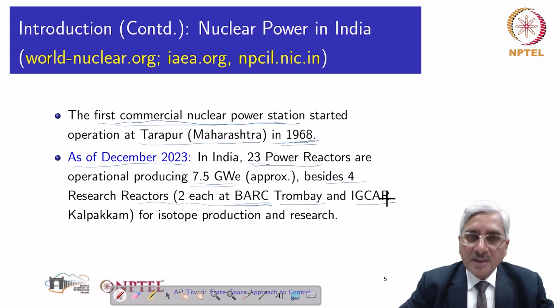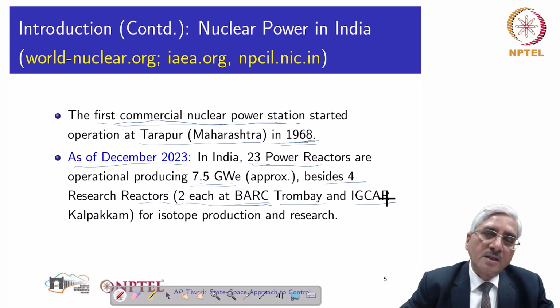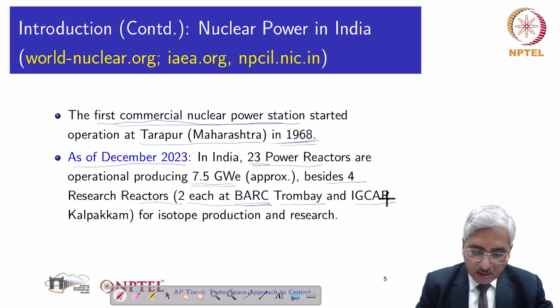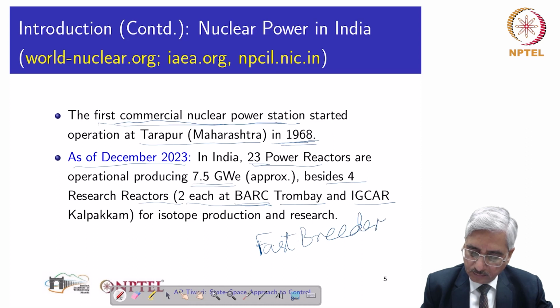2 research reactors at Indira Gandhi Center for Atomic Research. One is called the Fast Breeder Test Reactor, or the FBTR, and the other is called Kamini.